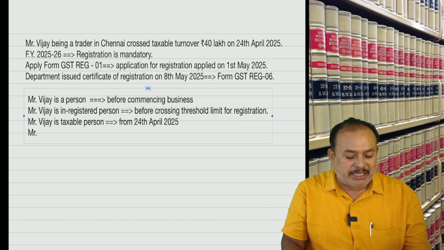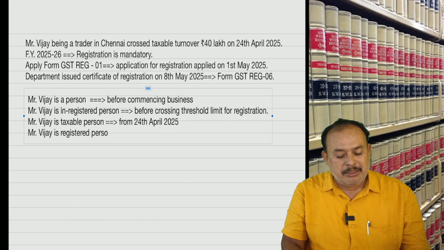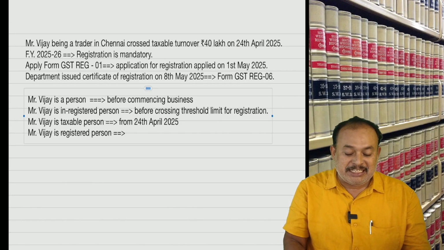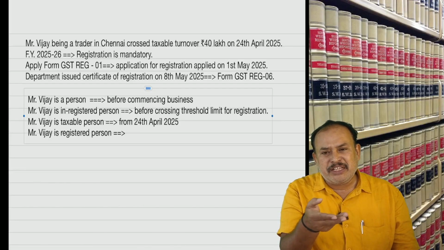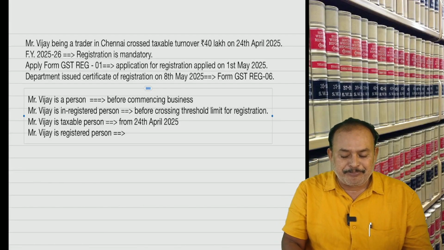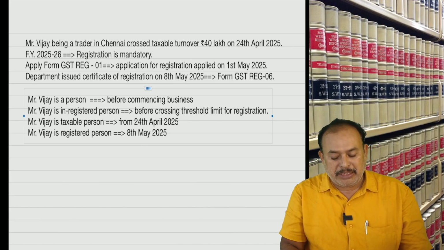Now Mr. Vijay is a registered person. From which date? From the date of obtaining the certificate of registration. Tell me, 8th May 2025. Is that clear, bro?